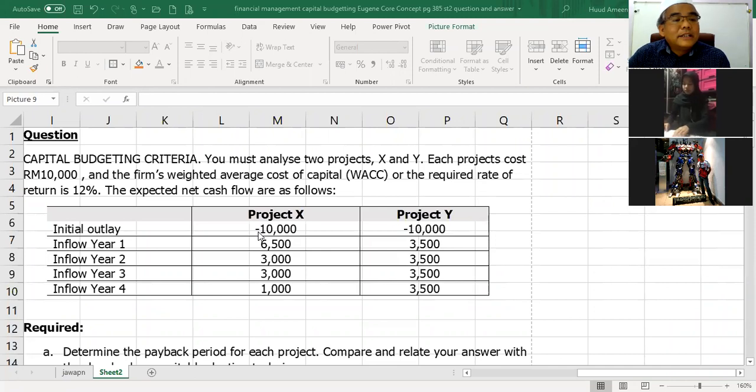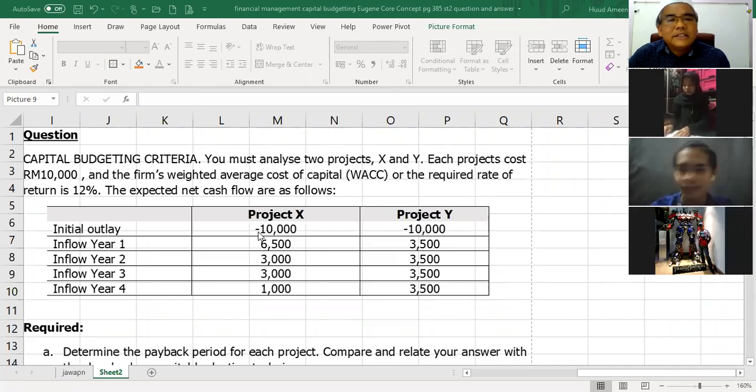Year two, you can get 3,000 for project X and 3,500 for project Y. Year three, 3,000 and 3,500. Year four, 1,000 and 3,500. What is the difference between project X and project Y?